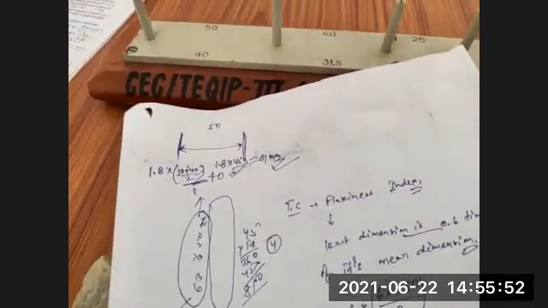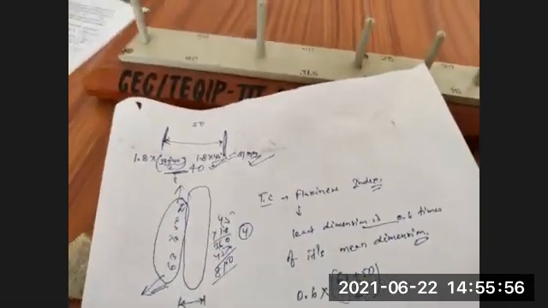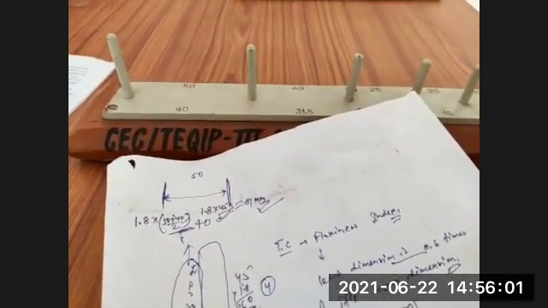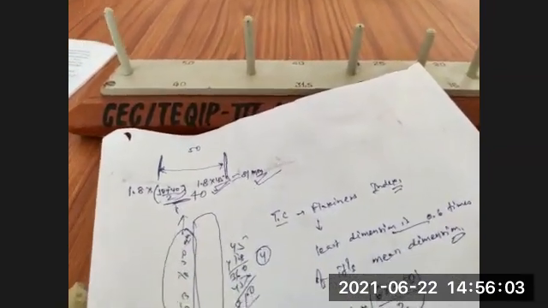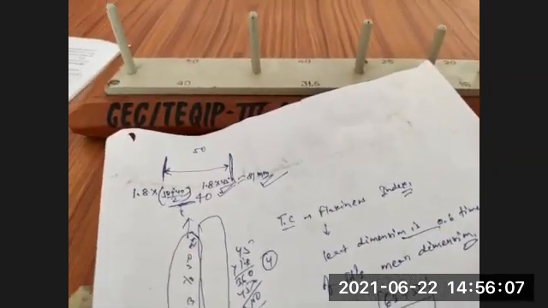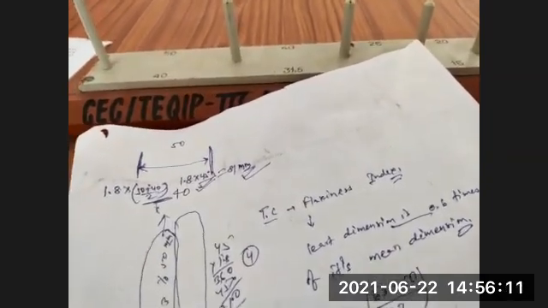Basically, the elongation index is not applicable to sizes smaller than 6.3 mm, because during sieving we do not use a sieve size less than 6.3 mm. On top we use 63 mm, on bottom we use a 6.3 mm sieve.